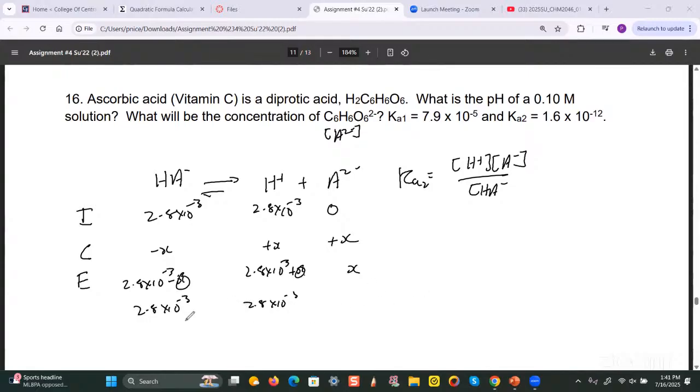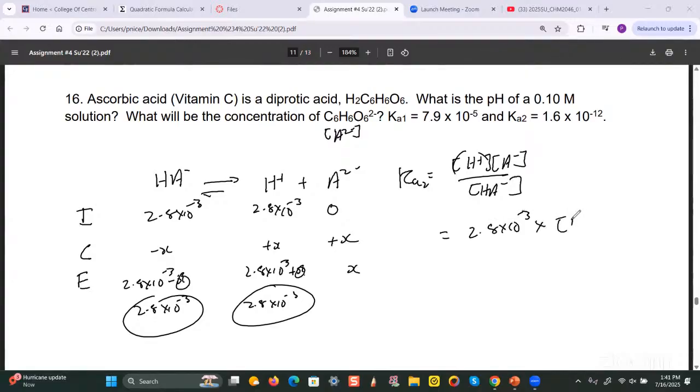So all we have to do from here is plug these values into the equation where we have H plus and HA minus, right? And what do we end up with? 2.8 times 10 to the minus 3 times the concentration of A2 minus, I'm sorry, I'm messing up, divided by 2.8 times 10 to the minus 3 equals Ka2.